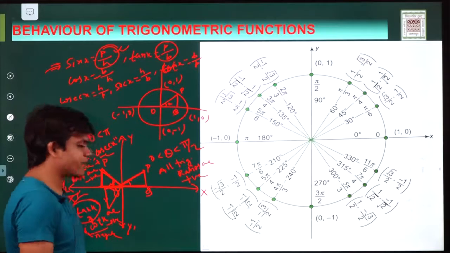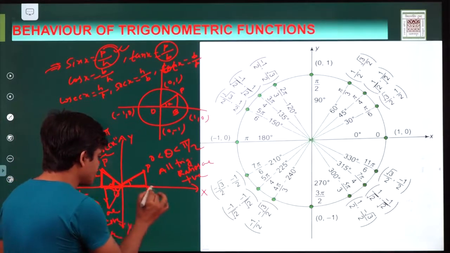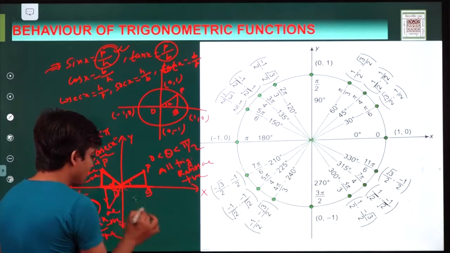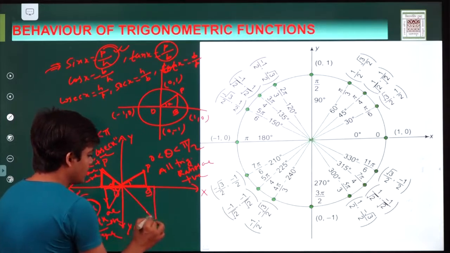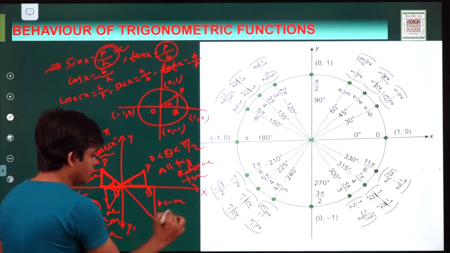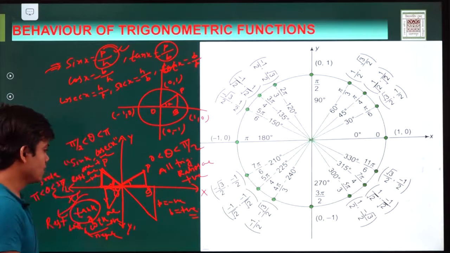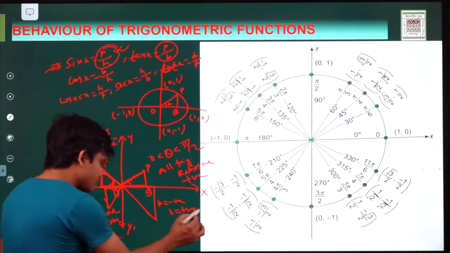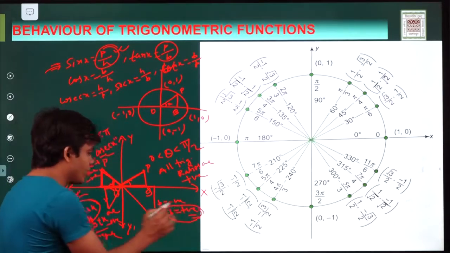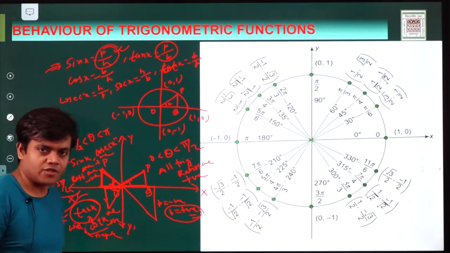And in the fourth quadrant, again, what can we see? We can see our base is positive, but the perpendicular is negative. P is negative, B is positive. So again, only those ratios will be positive in which P is not involved, but B is involved.